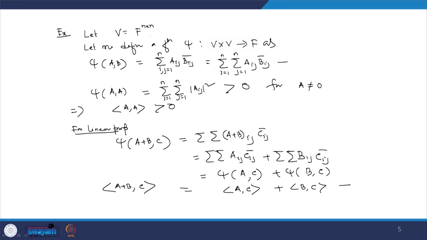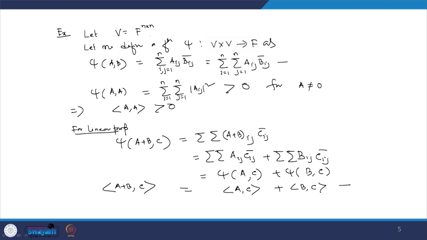So, the linear property also holds good, and you can also check that the inner product of cA comma B equals c times the inner product of A comma B; that we can prove easily from the definition itself. So, it also gives an inner product over the same space.